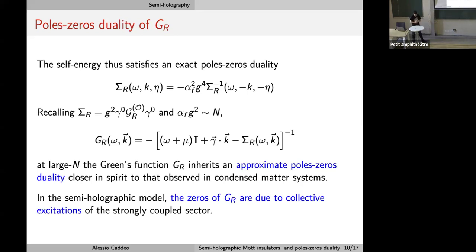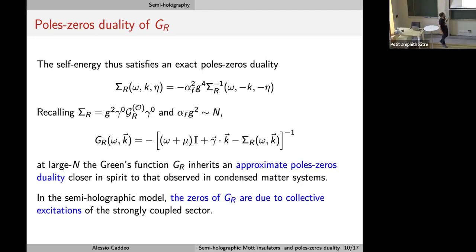And since the self-energy comes from a strongly coupled sector with a large number of degrees of freedom, one can see, and we will see it in a moment, that the exact pole-zero duality of the self-energy gets inherited as an approximate pole-zero duality at small momenta and frequencies by the Green function of the fundamental operator.